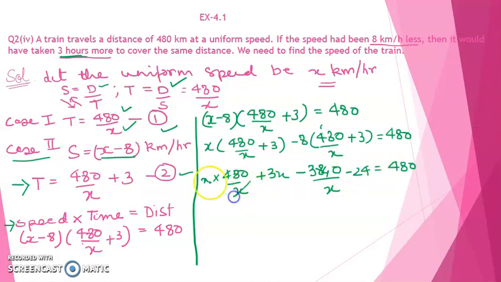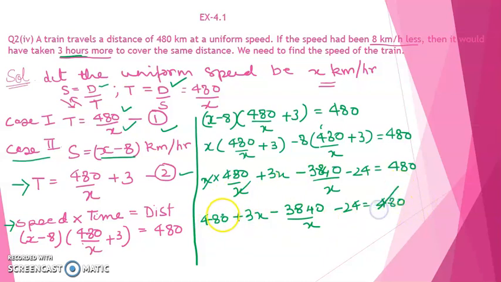Okay, so this x and this x cancel. We are left with 480 plus 3x minus 3840 upon x minus 24 is equal to 480. This plus 480 and this 480 will cancel, because when this plus 480 is transposed to the right side, it will be minus.